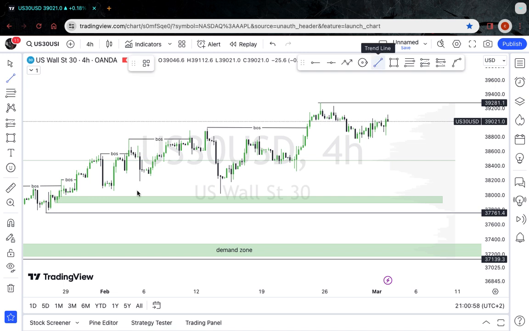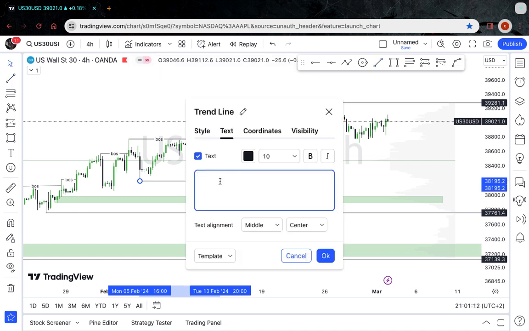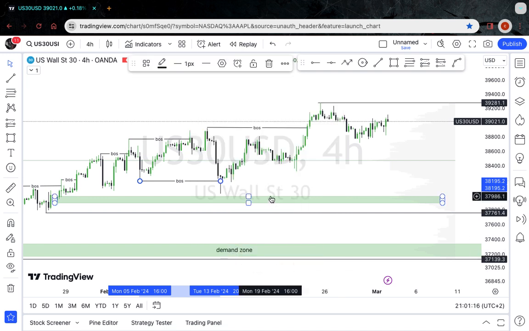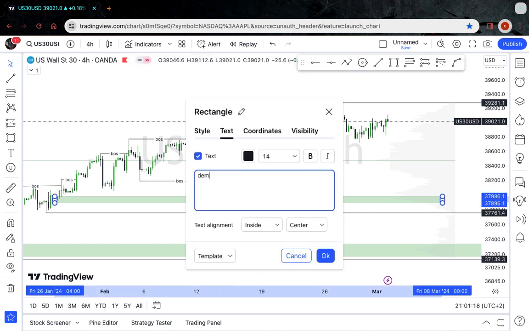And then from here we can definitely see that we had a zone here, we had a low, the market broke this low, meaning that's where we also got a break of structure to the downside. That's a BOS. And then here, this is our demand zone.